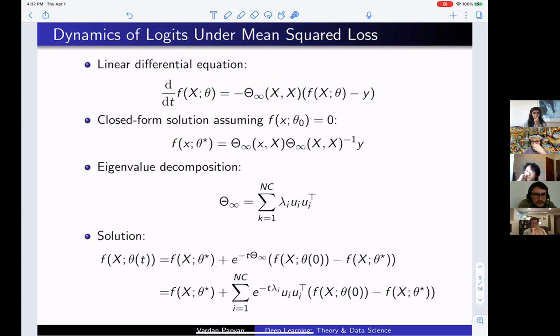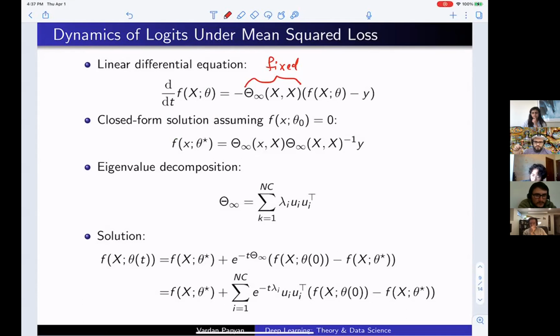So this is just copied from a few slides ago. Now, notice that if this quantity is fixed, then this becomes a simple linear differential equation that we've all learned to love and cherish in undergrad courses. Moreover, you can actually solve this differential equation in closed form.